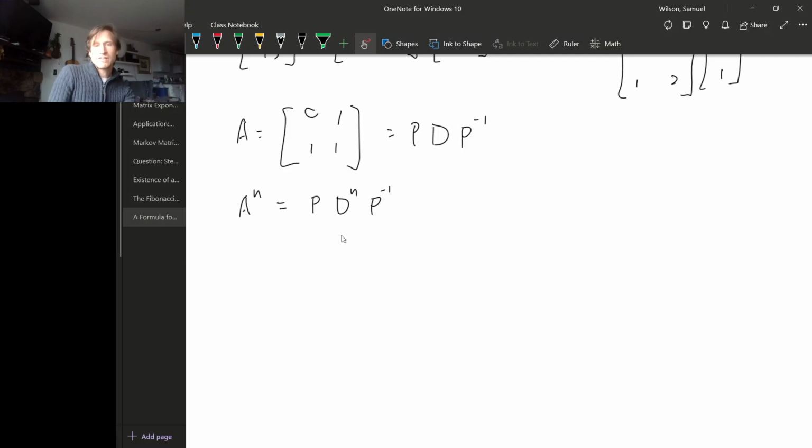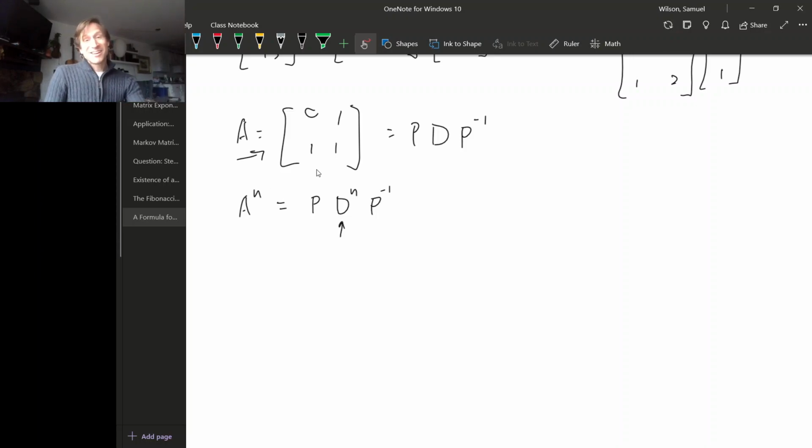And since this matrix in the middle is diagonal, computing its nth power is actually very, very easy. We can do that without doing just as much work as it would take to compute all of the terms of the Fibonacci sequence to begin with. So what we need to do is diagonalize this matrix.